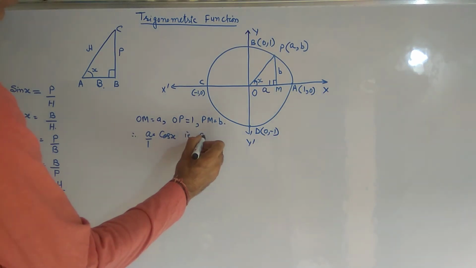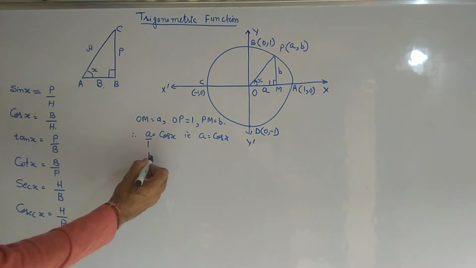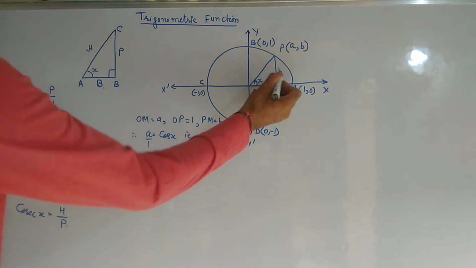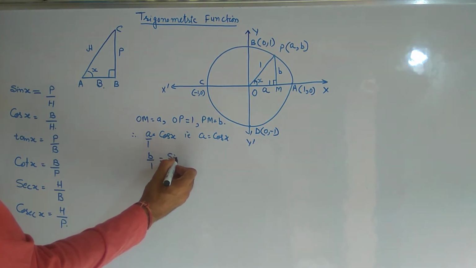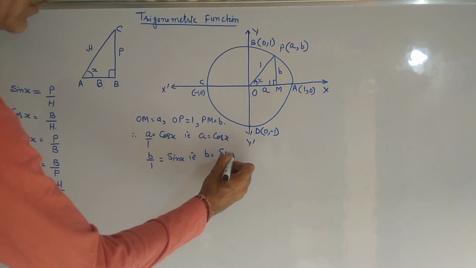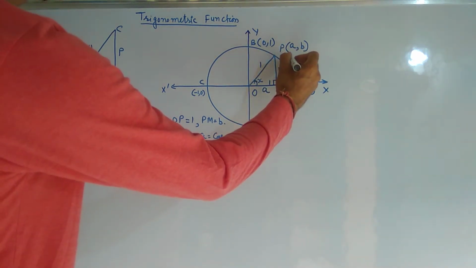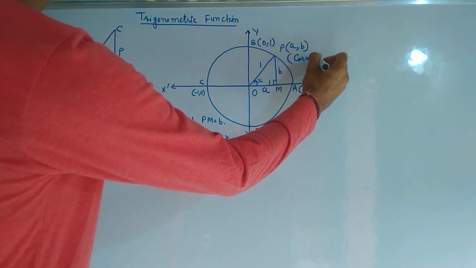That is A is equal to cos x, and B upon 1, perpendicular upon hypotenuse, is equal to sine x. That is, the value of B is sine x. Now the new coordinates of point P are cos x, sine x.